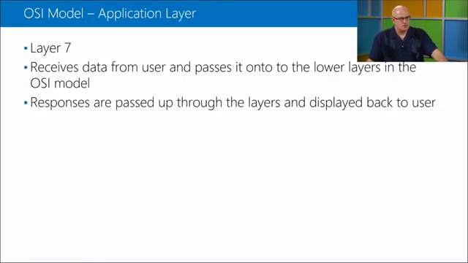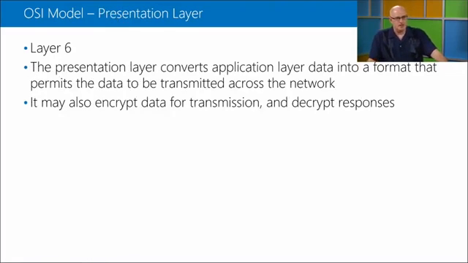So layer 7 of the OSI model is the application layer. It receives data from the user and passes it to lower layers in the OSI model. As responses come back up, it presents that information to the user. The presentation layer, layer 6, converts application layer data into a format that permits the data to be transmitted across the network.